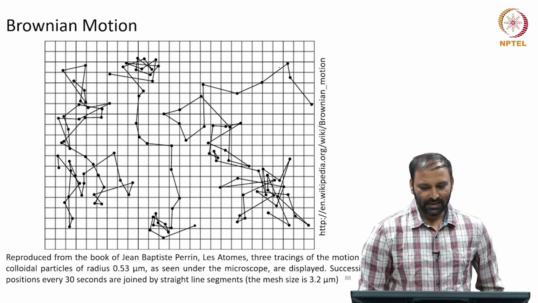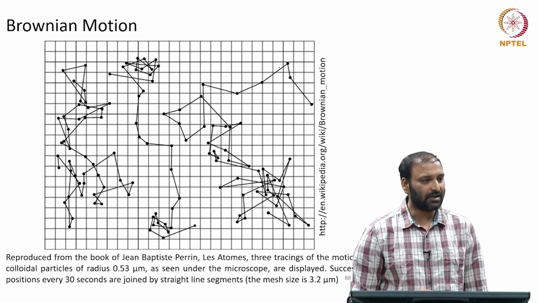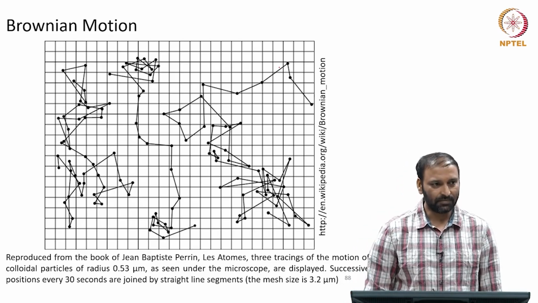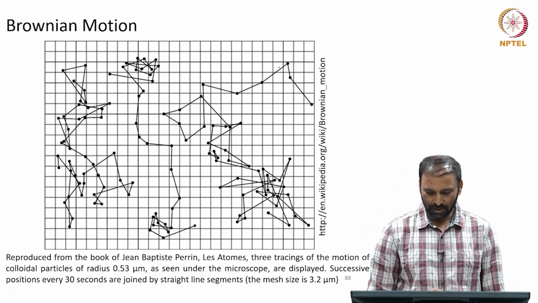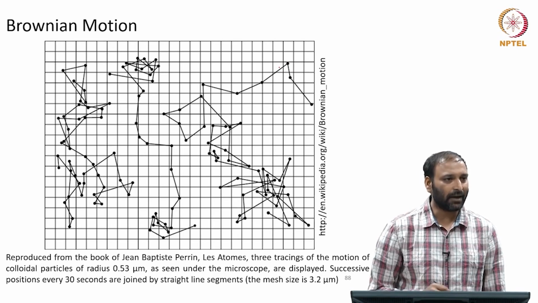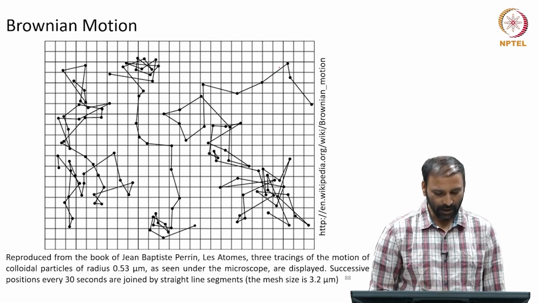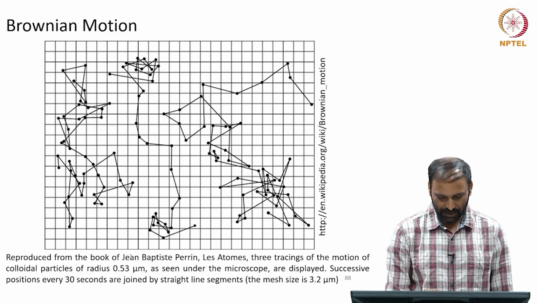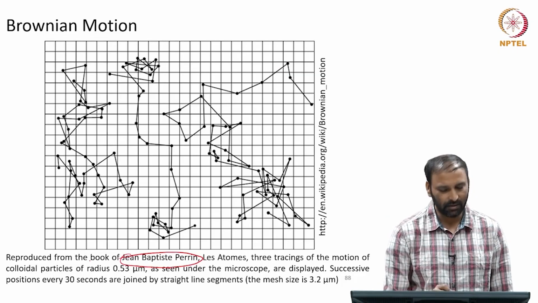These are some typical trajectories of particles that were recorded way back in the 1920s, from the work of Perrin.